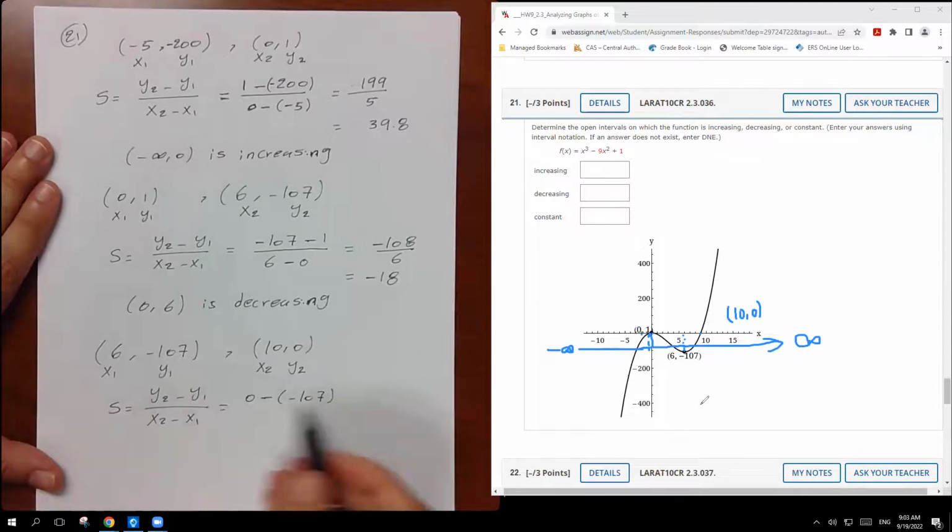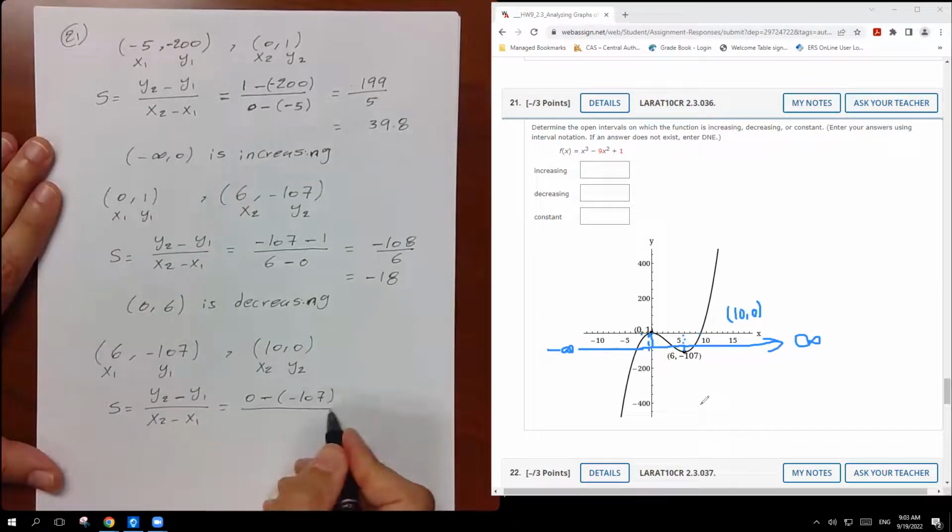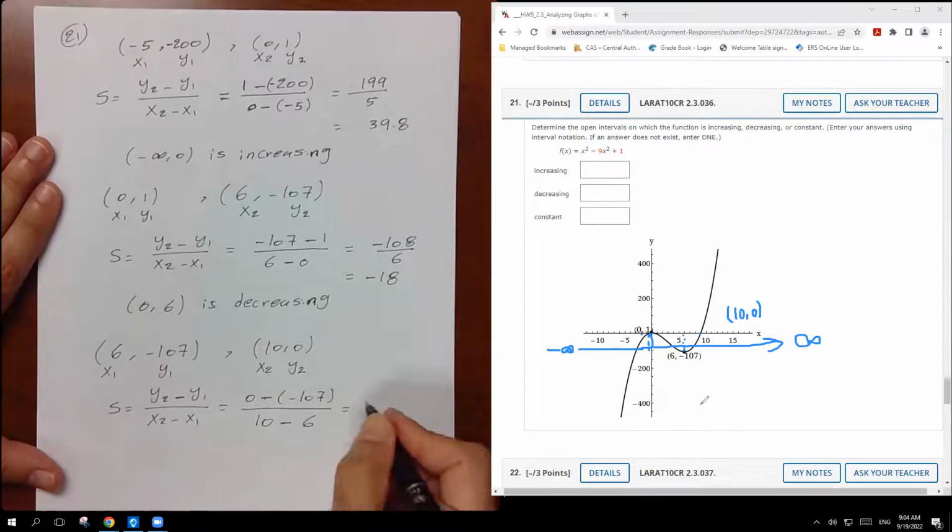You see, that's the important thing. Negative sign with the formula, and y1 is a negative number over x2 is 10 minus x1 is 6. So negative times negative is going to be positive. So it's going to be 107 divided by 4.